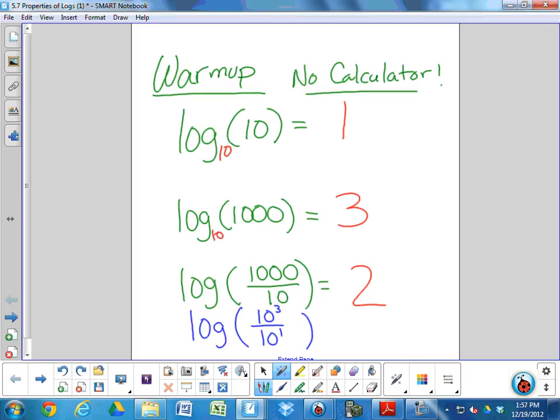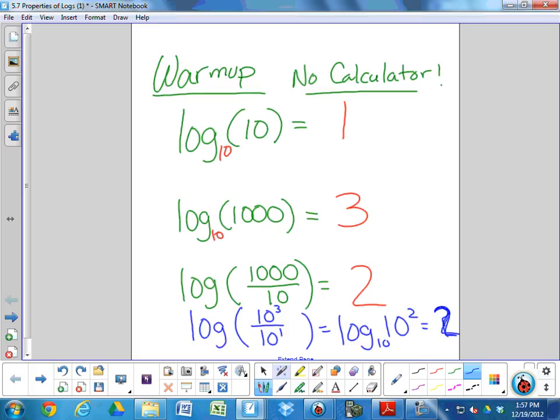Subtract them. What's 3 minus 1? So it would be the log of 10 squared. Now this is asking you 10 to the what equals 10 squared? 2, right? The answer has to be 2.